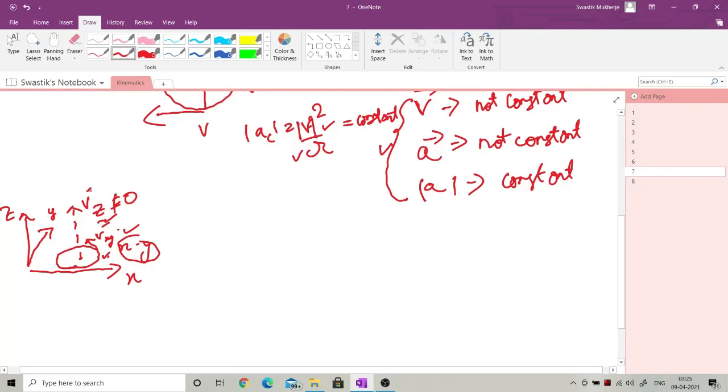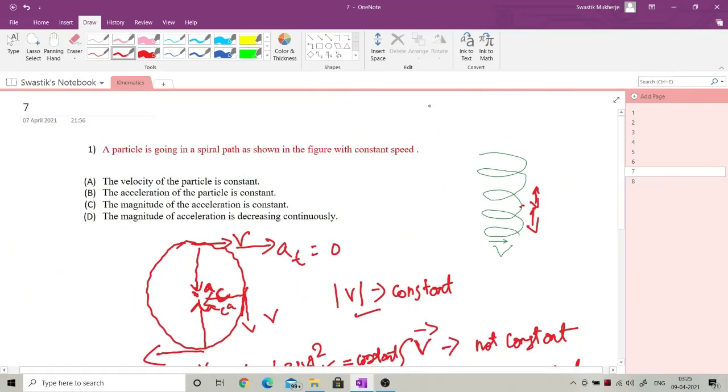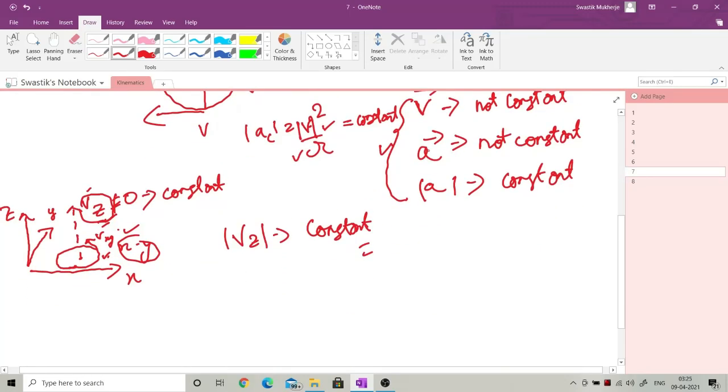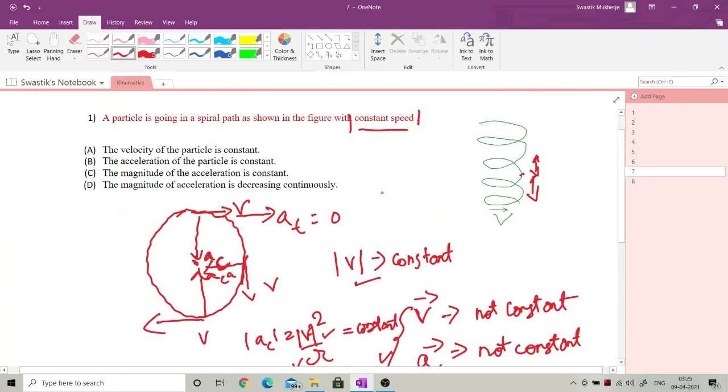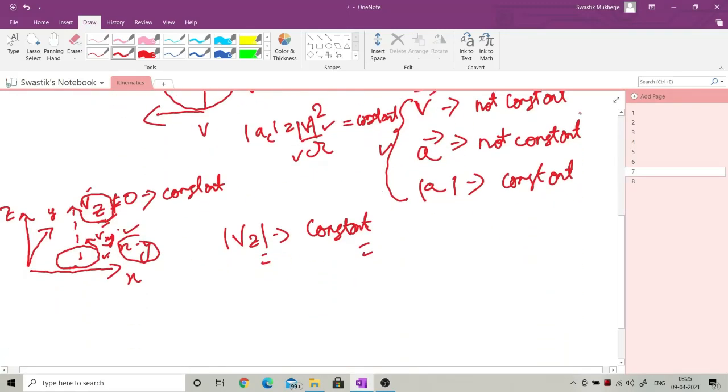And since we know that v_z is not only not equal to 0, but it's also constant, mod v_z is constant in our case because they've shown us that it is going in a spiral path with constant speed. So v_z is constant, and in uniform circular motion v_xy is also constant, as we have shown here, this mod v.